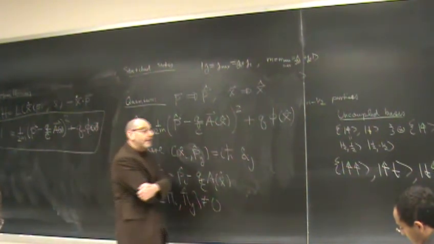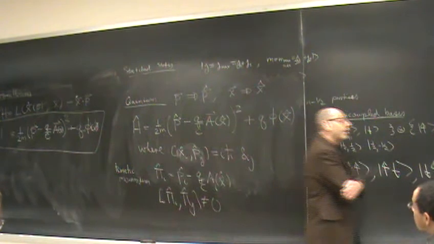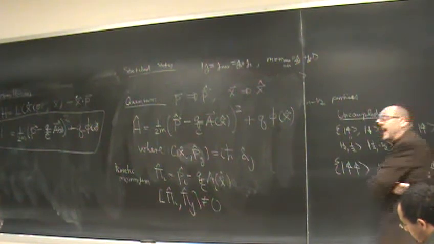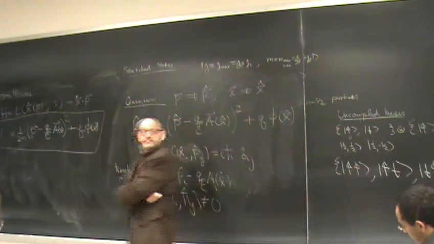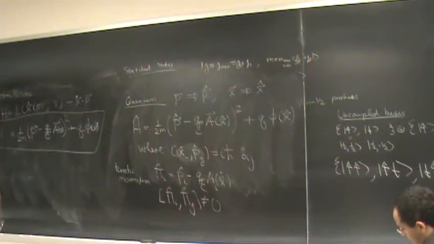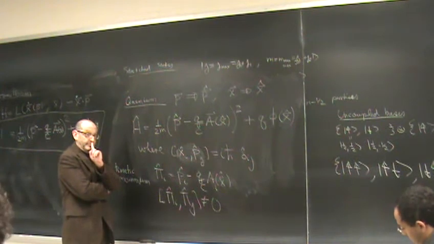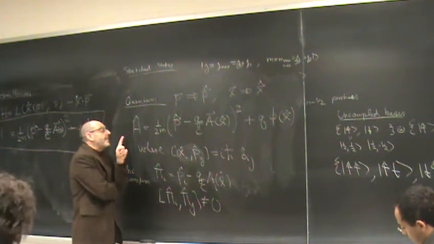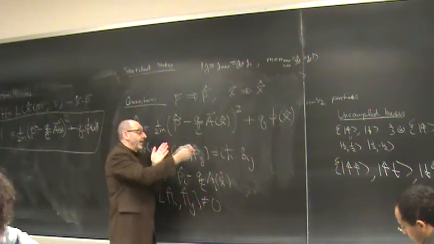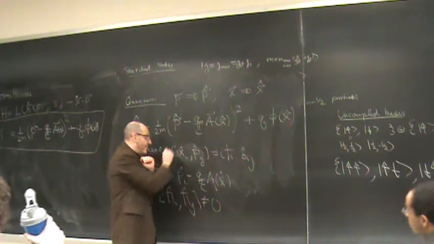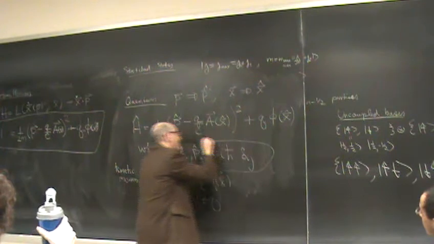And the canonical momentum is the generator of translation. Okay? And it has the representation as the gradient operator. It is that operator, because what we discussed last semester, the generator of translations in space follows from this commutation relation.